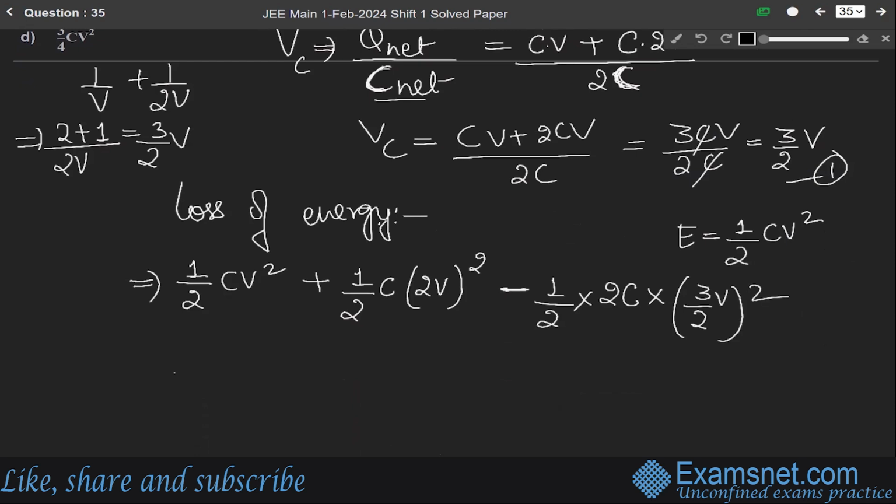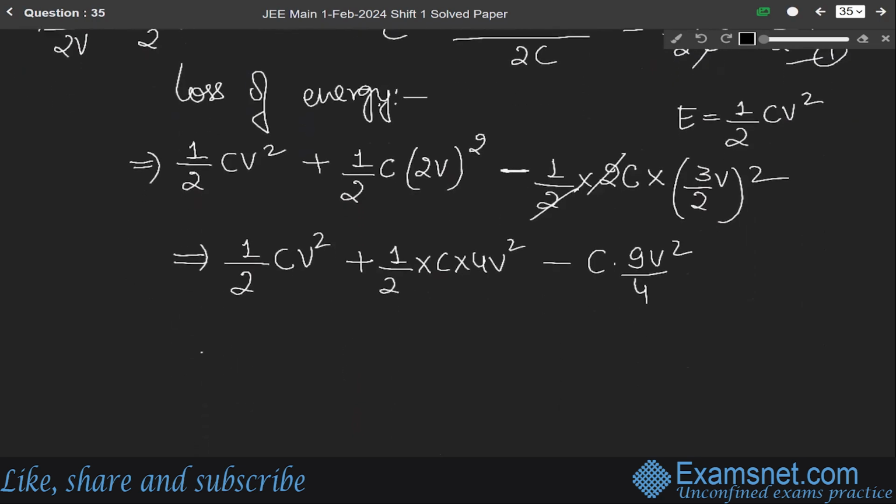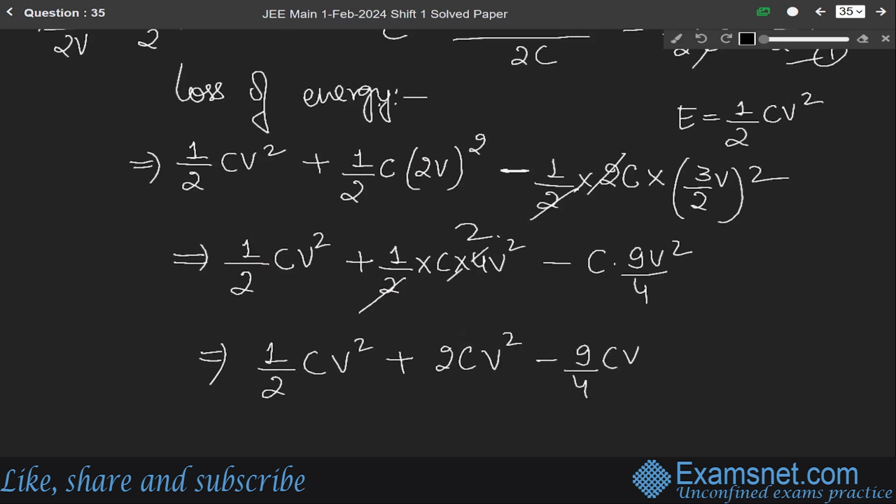Okay. So solving it, we get 1 by 2 CV square plus 1 by 2 into C into 4V square minus 2C into 9V square over 4. Solving it, we get half CV square plus 2CV square minus 9 by 4 CV square.